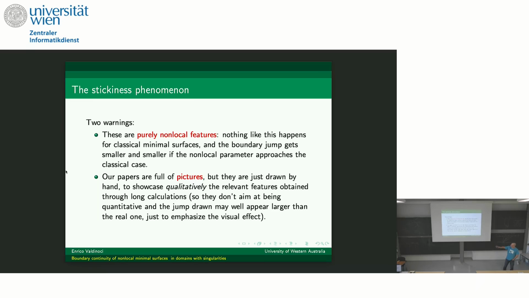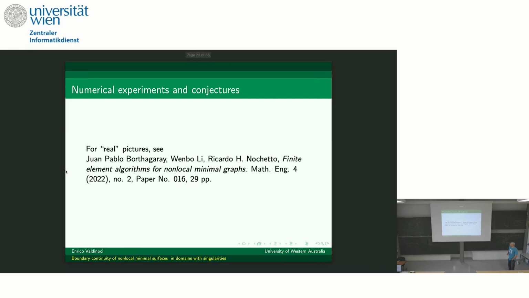So don't believe me too much when I draw a picture. It's just the intuition of the thing. Then the theorem was rigorous and quantitative. So somehow the picture was representing, to the best of our possibility, the quantitative version of the theorem.